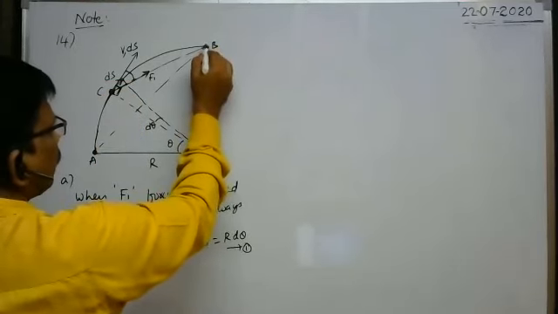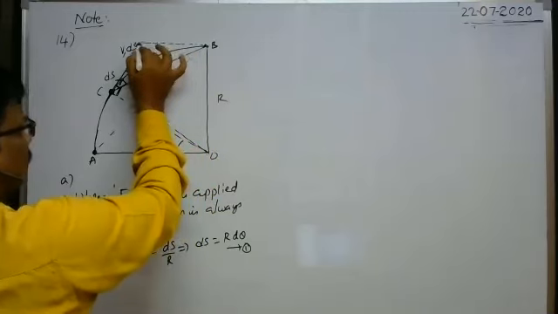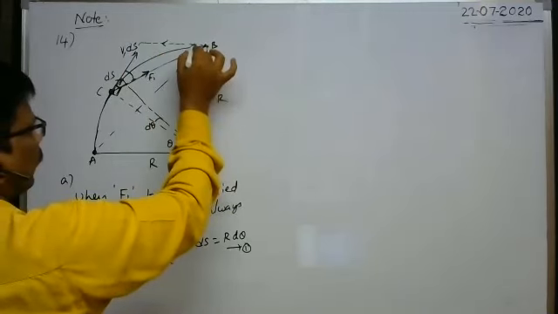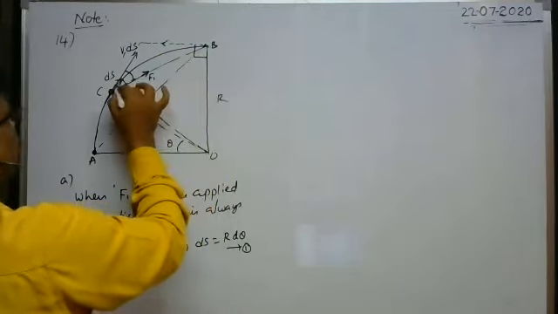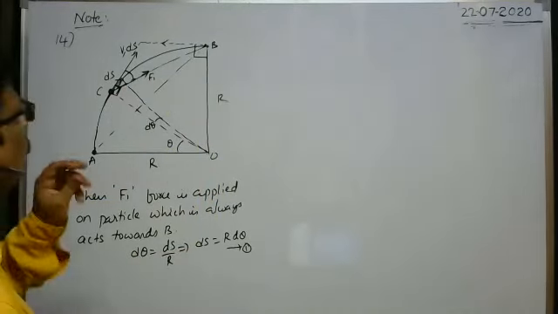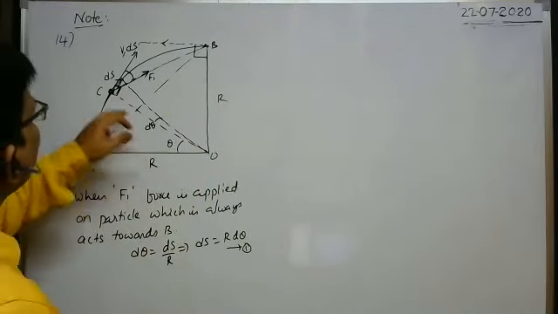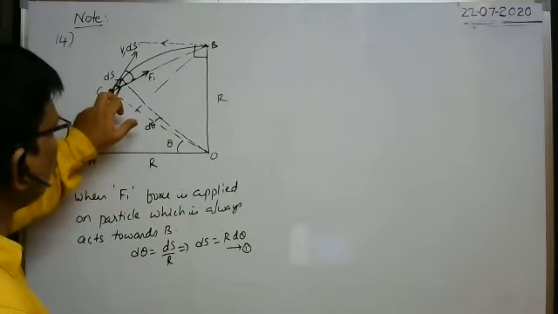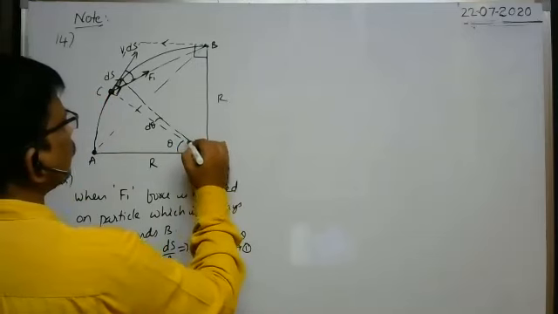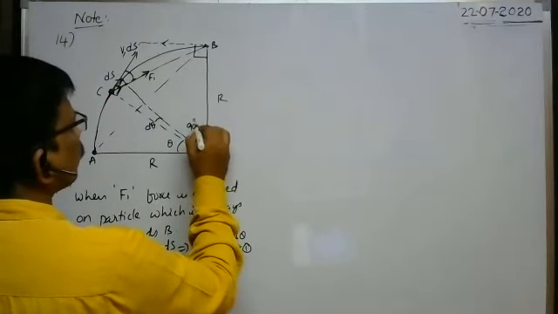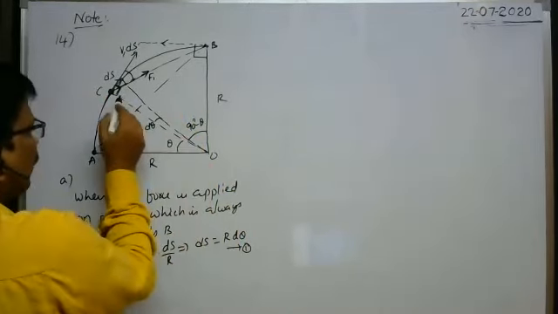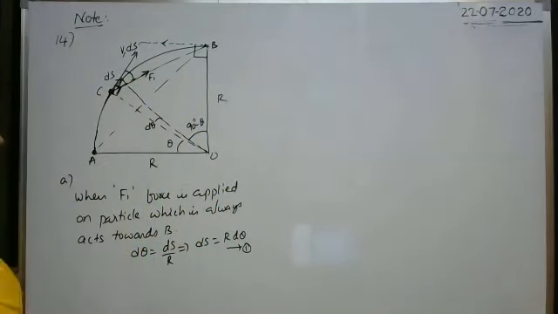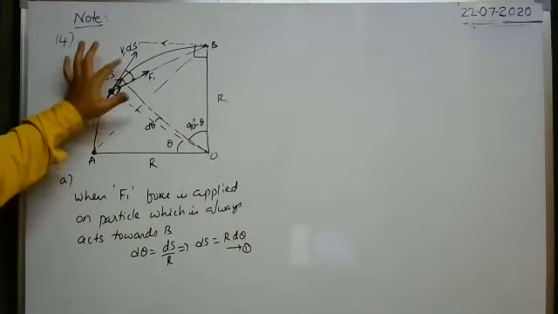Suppose at this point when you draw the tangent, then the tangent is in this direction. So here it is also 90. Here you see in this quadrilateral, this is 90, this is 90, which means 180. This angle is 90 minus theta, no? Then we have to find this angle. That is our aim. We have to find this angle.